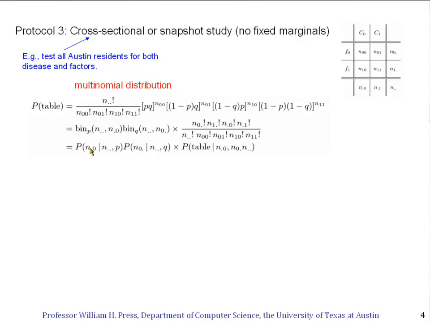And now it's multiplied by two binomial probabilities, one which is the probability of seeing a marginal given the value of the nuisance parameter p, the other given the probability of seeing a different marginal given the value of the nuisance parameter q.